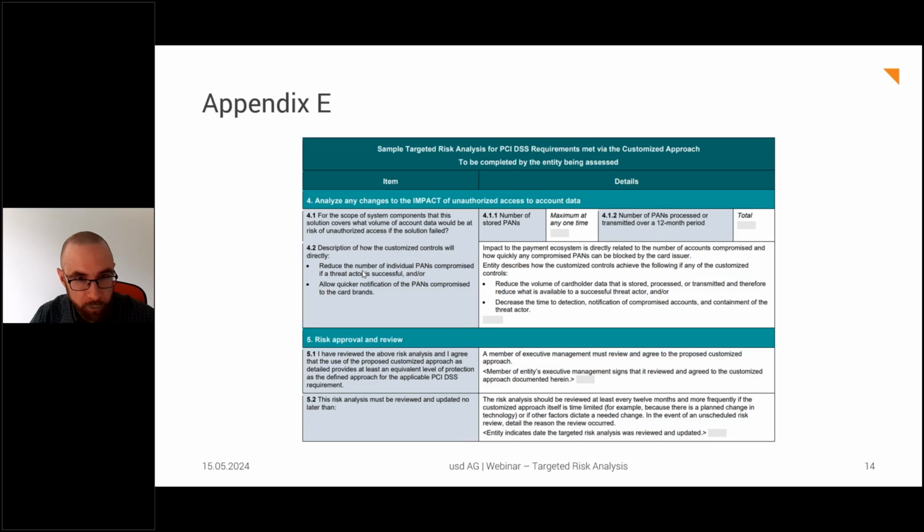And you should define how the customized control will either reduce the number of PANs compromised or allow for a quicker notification when there is any kind of compromise, to reduce the amount of PANs that are impacted.